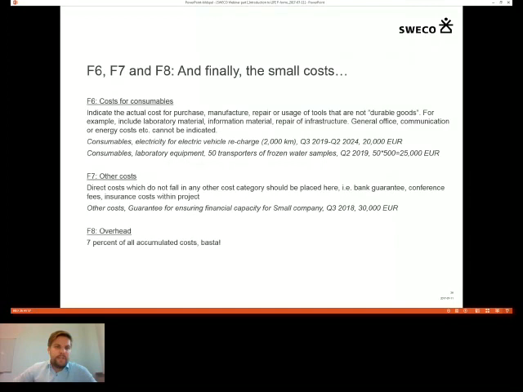Electricity for this electric vehicle recharge. I honestly don't know how much electricity would cost for a vehicle to charge it every day, but an estimation would maybe be that you're driving 2,000 kilometers from the headquarters to the work site to drive the workers or your staff, and this will be done throughout the 5 years of the project implementation, and we estimate a total cost of 20,000 euros.